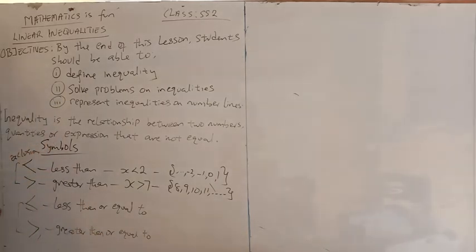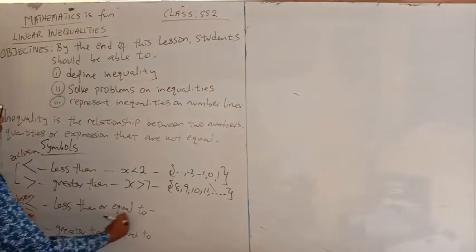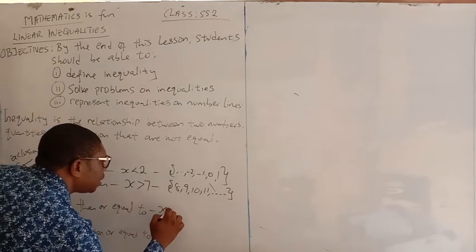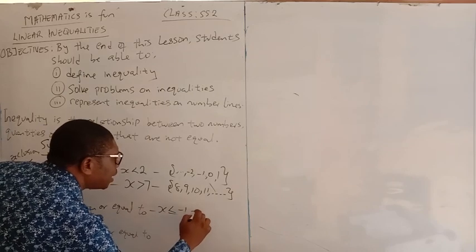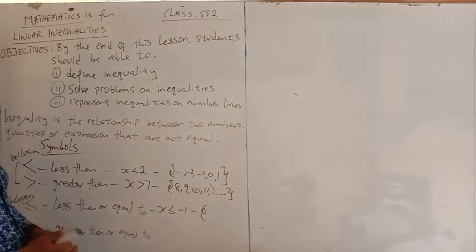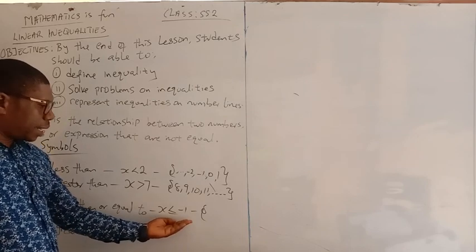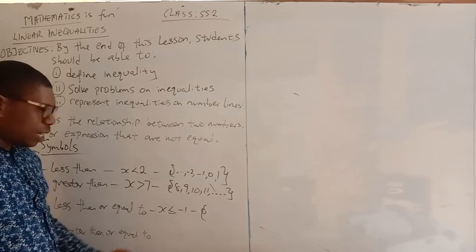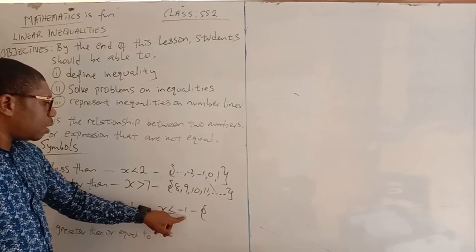I tag these two as inclusion. In what sense? If this is saying less than or equal to, and we are given x less than or equal to -1, what we are saying here is all the numbers below -1 and including -1.